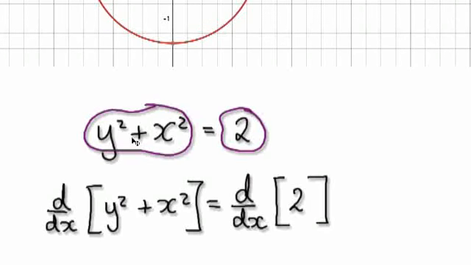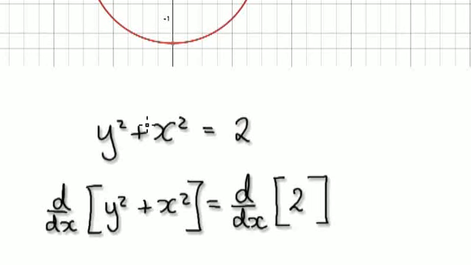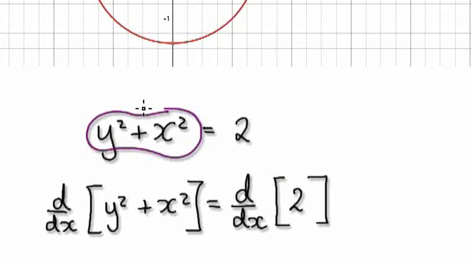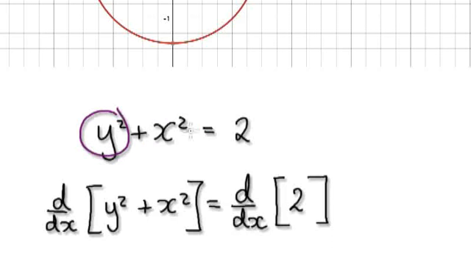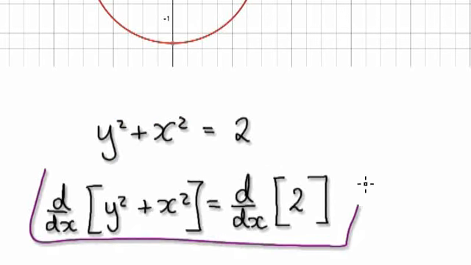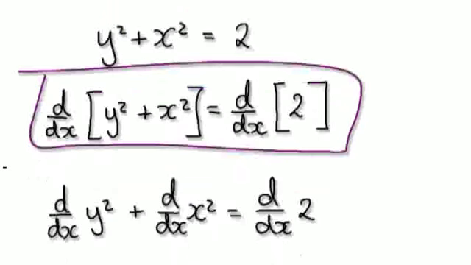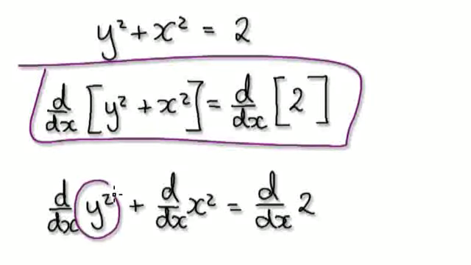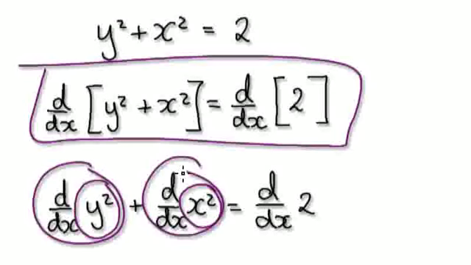Now when you differentiate this thing here, when you've got a plus in between, you can actually just differentiate this and then add it to the differential of this thing here. So once you're here, you can concentrate on differentiating this thing and then differentiate this thing, and later add the two together.